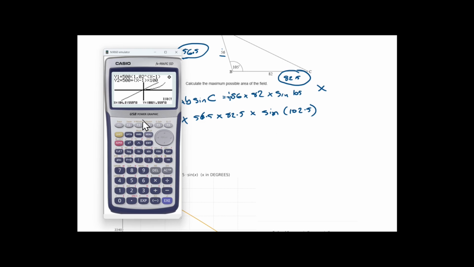And we would come along to our calculator, and the calculator is going to work now. So half, so 0.5 times 56.5 times 82.5 times sine of 102.5. I put them in brackets because the Casio calculator is very temperamental like that. Put it in and we get that number there. So that's our biggest possible triangle.